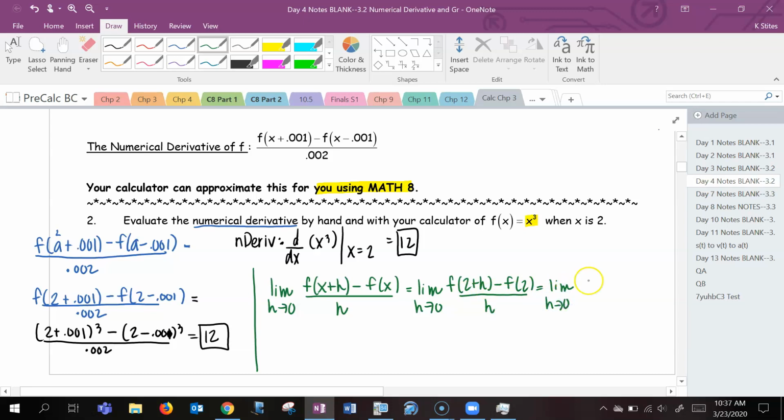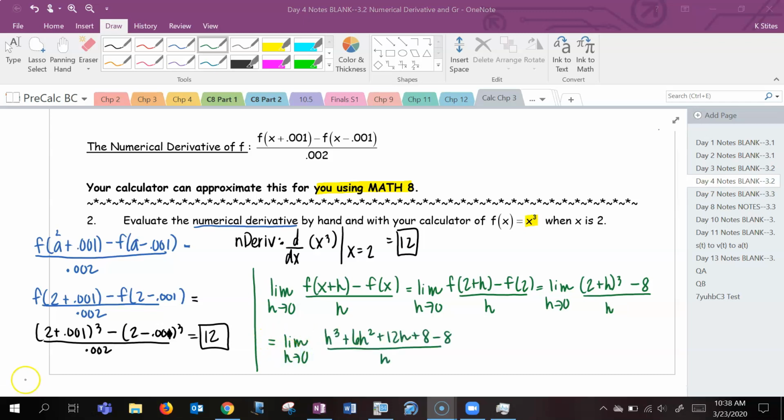Okay, and then we're plugging in 2 plus h cubed minus 2 cubed, which is 8, all over h. Okay, don't worry, I'm going to FOIL for you. Okay, so there I filled it out for you. h cubed plus 6h squared plus 12h plus 8 minus 8 all over h. The 8's cancel.